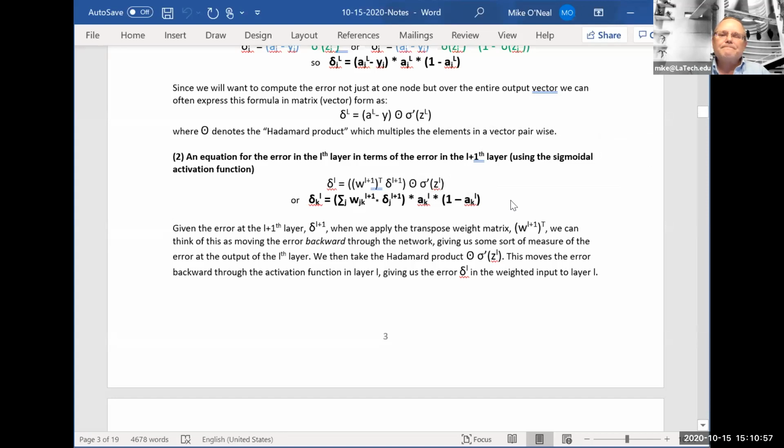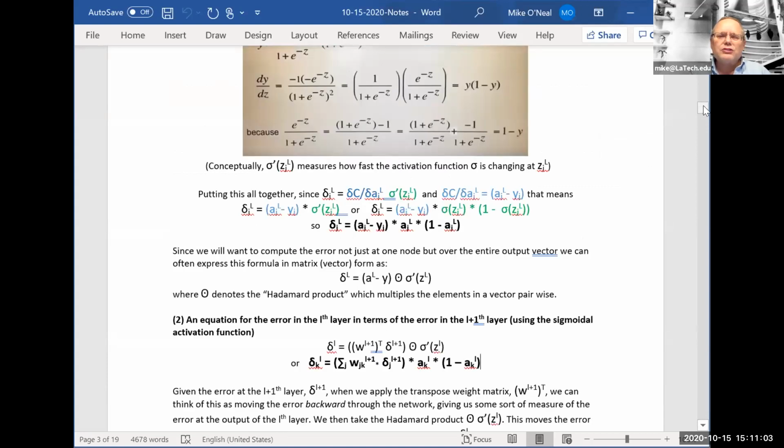Okay? Now you might say, you're using K's here, Mike, and you're using J's here. Why are you doing that? Well, I'm talking about the jth node here, and the kth node here. So that's why these are K's, because it's the output of this node. They were J's here because it was the output of this node.